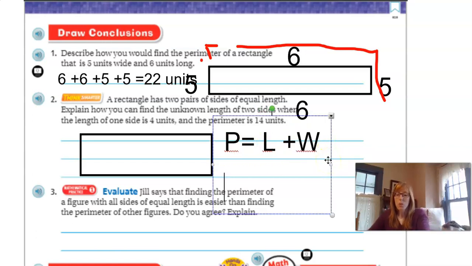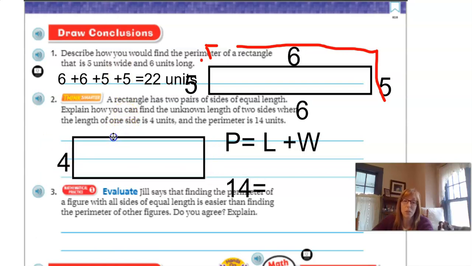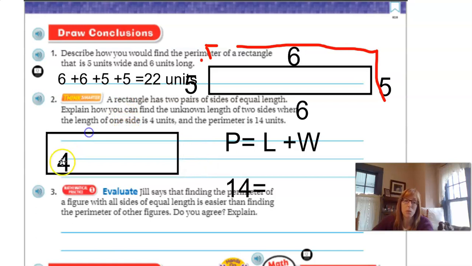So we're going to go on and we're going to see that perimeter is actually going to be equal to 14. 14, okay? And we know already that this short side is 4. And if this short side is 4, we know that the other short side is 4 also. So I'm just going to move this stuff over so I have more room.